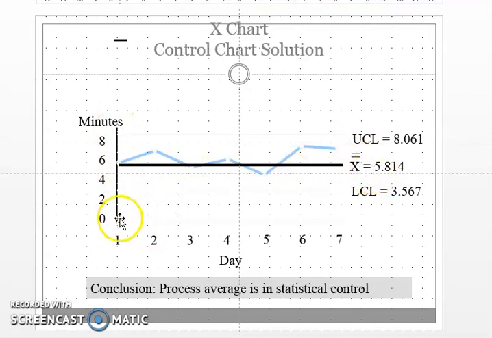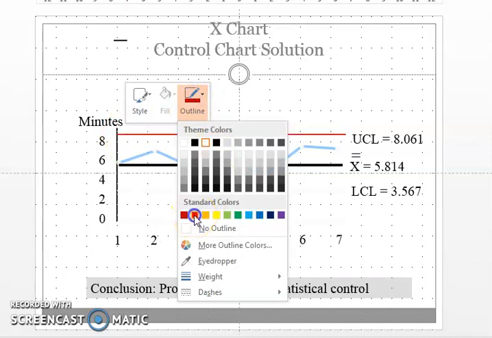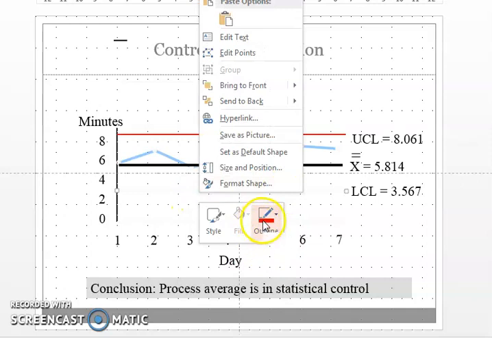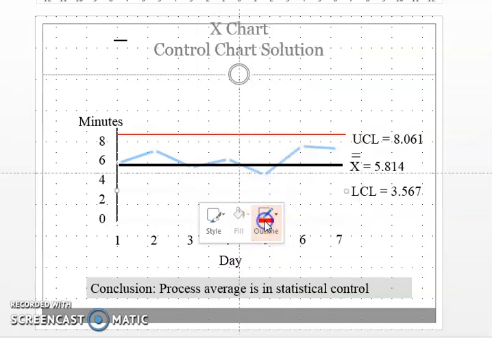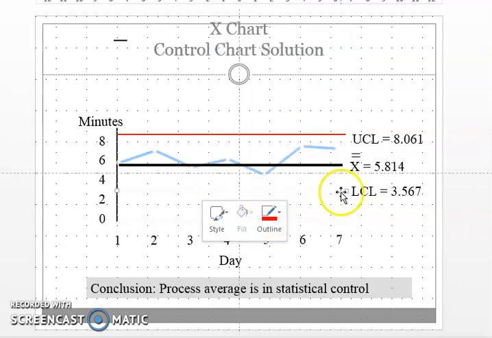You have to take a proper scale, and after that you have to draw the upper control line and lower control line, and write their values here.